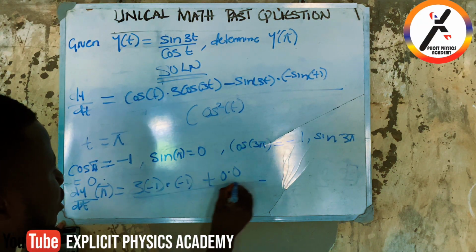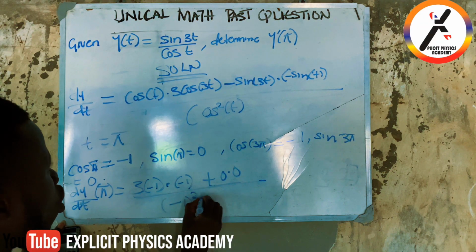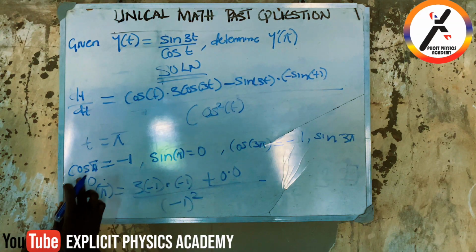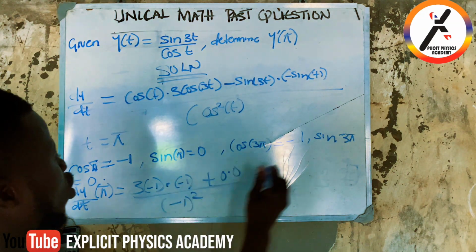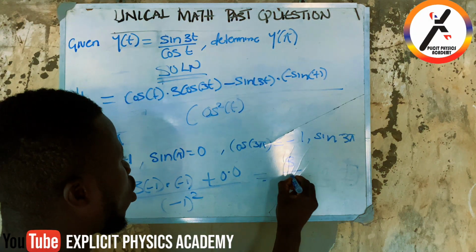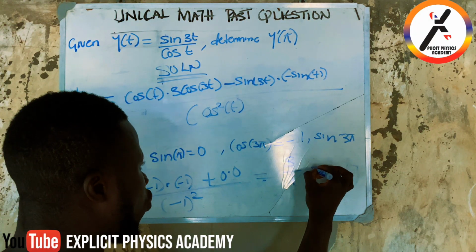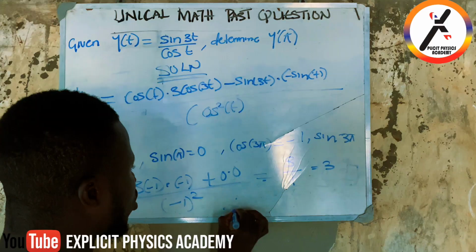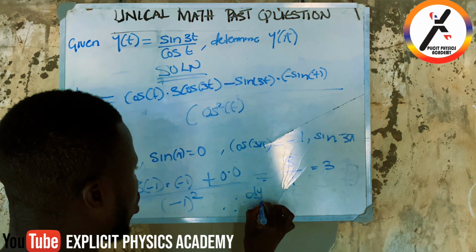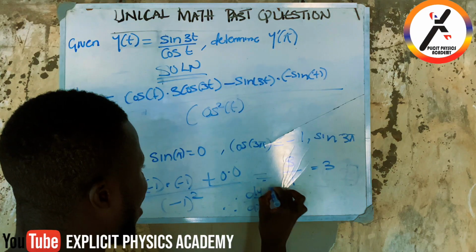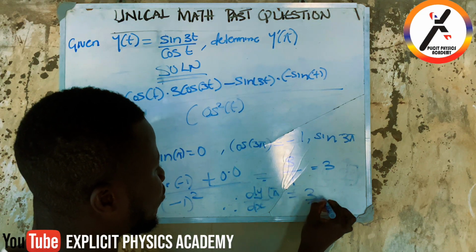We're going to have minus 1 all squared, because cos pi gave us minus 1. So our answer is 3 all over 1, which is equal to 3. And so therefore, the derivative of this equation at pi is equal to 3.